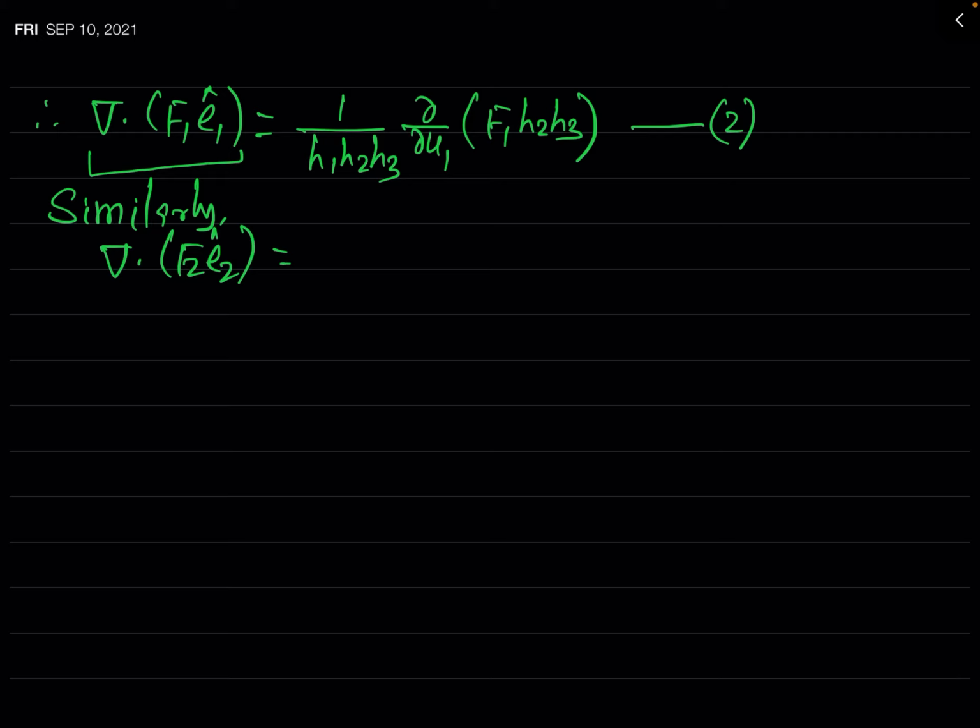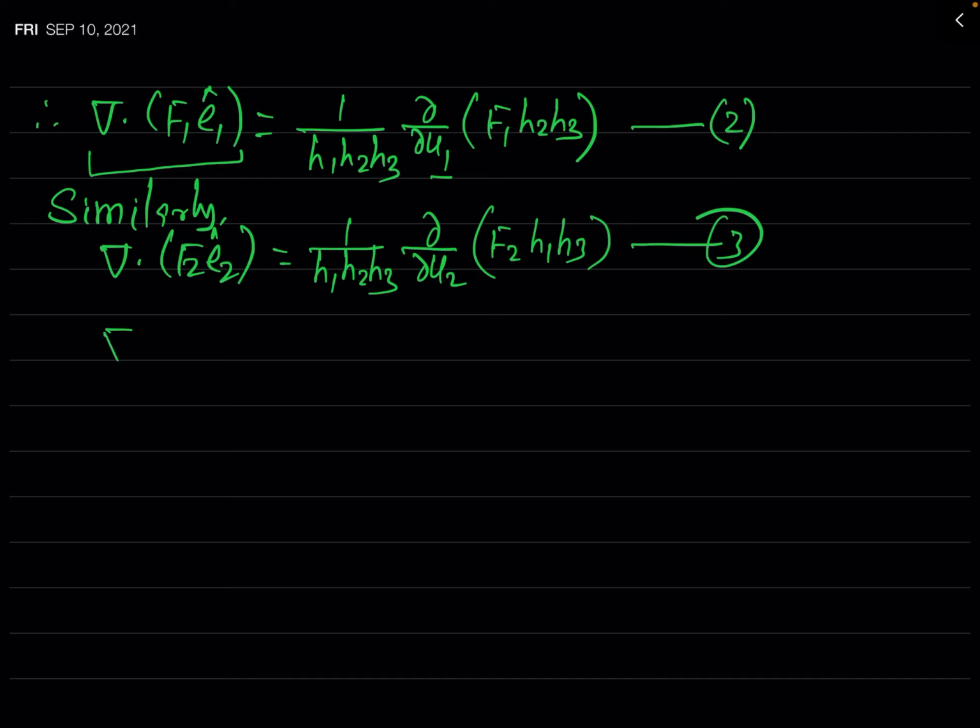So in the light of equation 2, you may write the expression for del dot F2 E2 hat, and this will be 1 over H1 H2 H3 and del U2. Here there is del U1, so here will be del U2. And instead of F1, now we will write F2, and as 2 should be replaced by 1, here will be H1 and H3. Say this is equation 3.